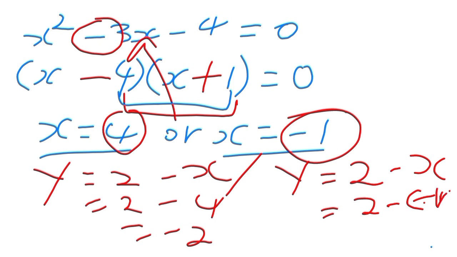Remember, we have negative 1 there, good people. So negative by negative is going to be positive. 2 plus 1, we're going to get 3. Our y here is 3. So these are our final answers.